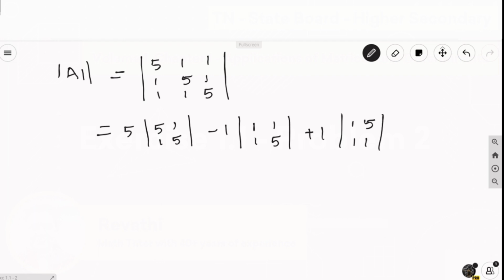So we have expanded the determinant through the first row. So find the values now.